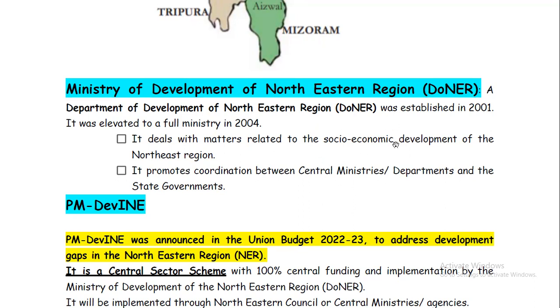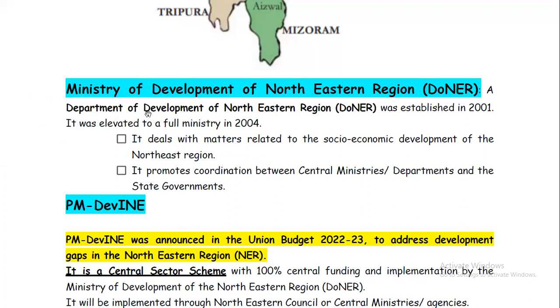We have to look into the socio-economic development. Socio-economic development means we should go for development, but that development should not have a harsh impact on the society. And we should also take care of the environment while doing development activities. Such sustainable developmental activities are very much required in this region, because from the environmental point of view, the Northeast is a very rich region, one of the unique regions of entire India.